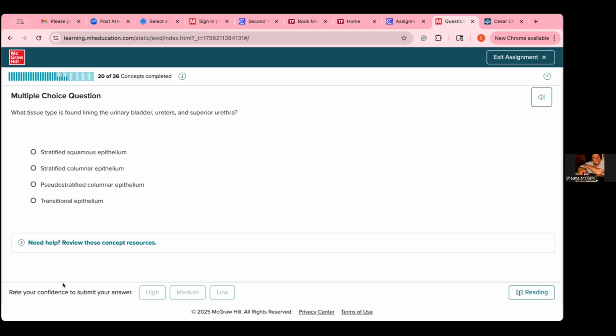That's transitional epithelium. Transitional epithelium.